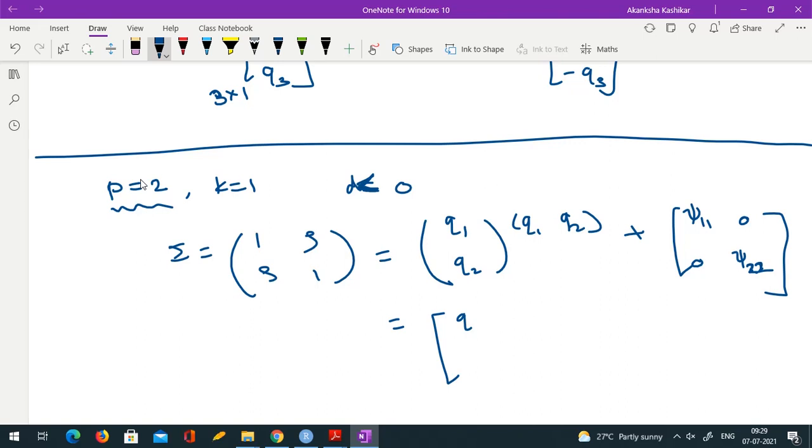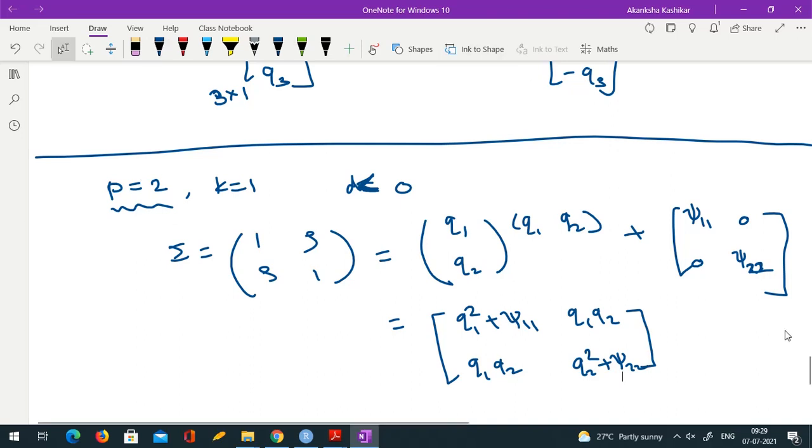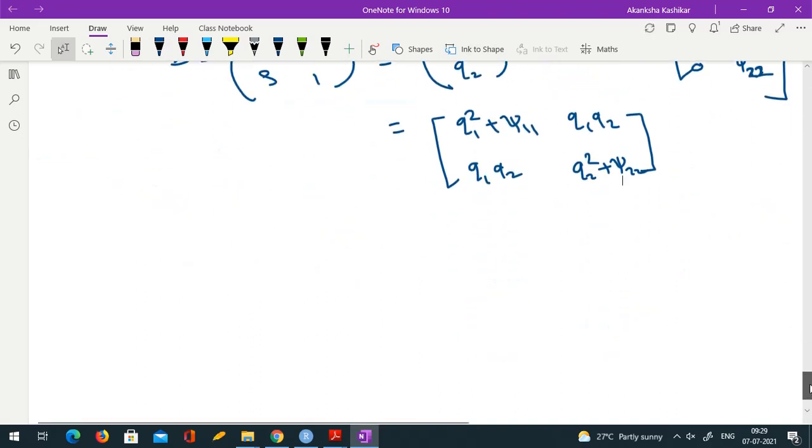Okay, so I'll have q1 square plus psi 1 1, then q1 q2, q1 q2 and q2 square plus psi 2 2, as this.